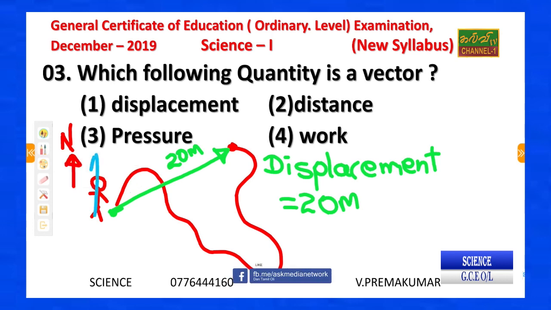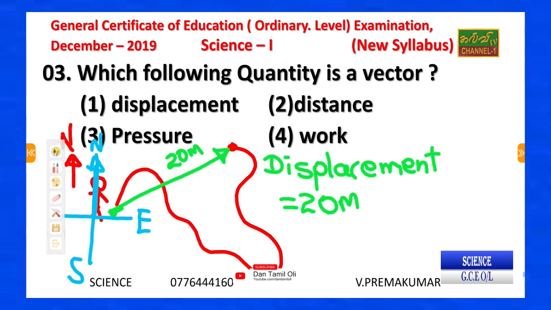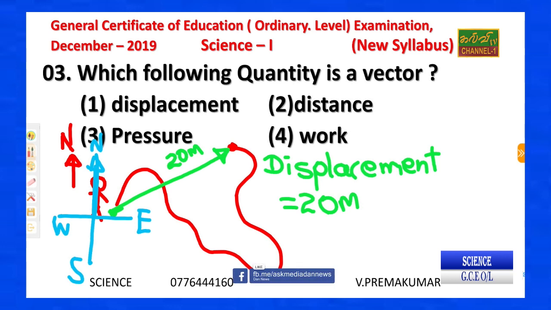Say this is north, this is east, this is south, this is west. So now we can express the direction, that is northeast. So northeast is the direction.